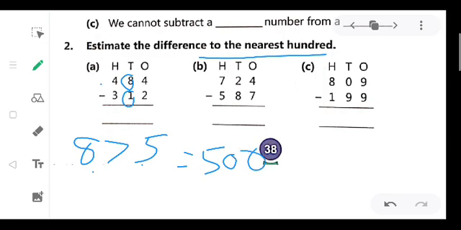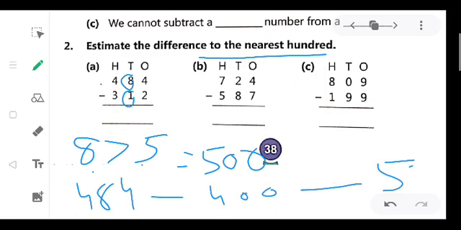And you know that 484 lies between the counting of 400 to 500, and we will check only its tens place digit and compare it with 5. Clear? I will show it to you here. 484 minus 312.